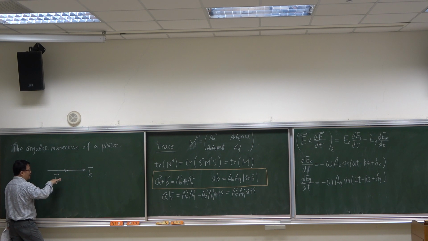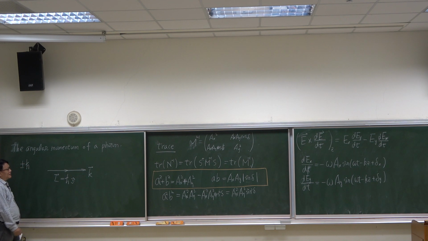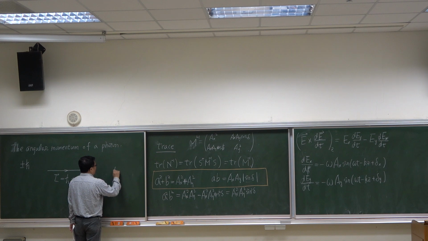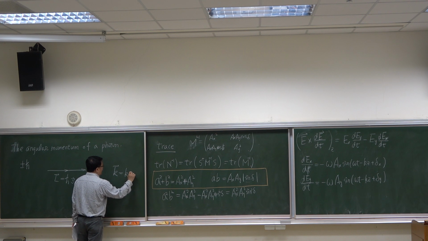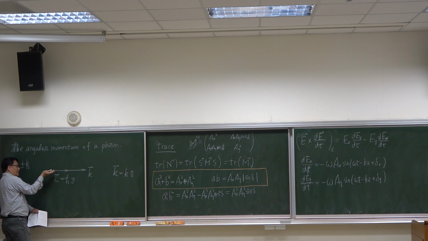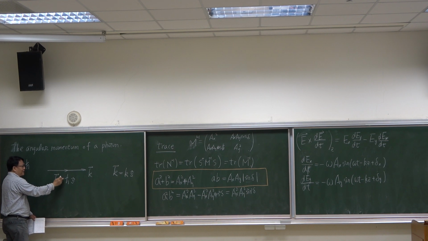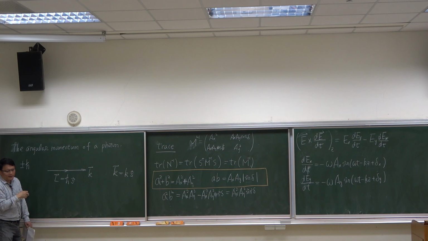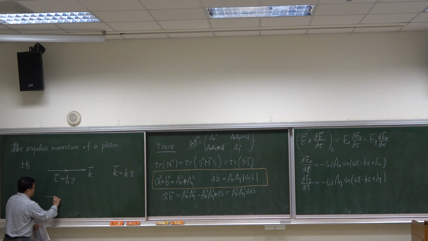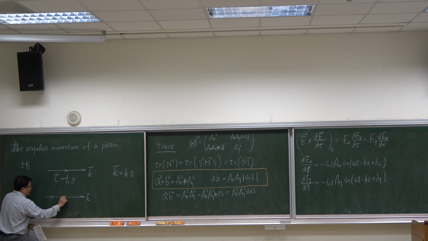如果角动量跟 k 平行同方向，就会得到一个 h bar 乘上传播方向的单位向量，k is equal to the magnitude k times the unit vector along the propagation direction. Then a photon can carry an angular momentum parallel to the k vector. If the sign is positive, we call it positive h bar. However, it can also be along the opposite direction.